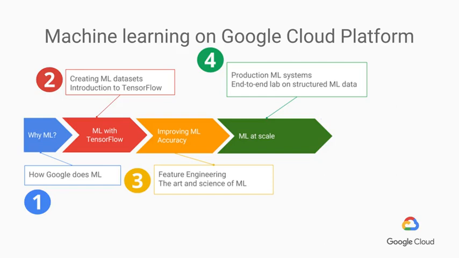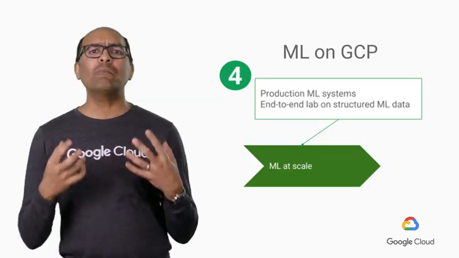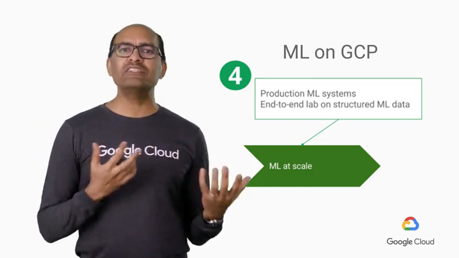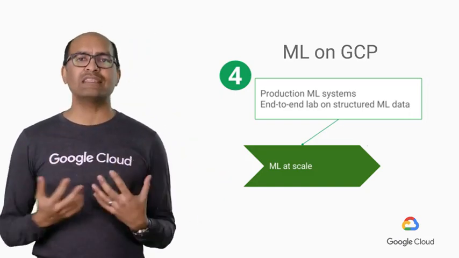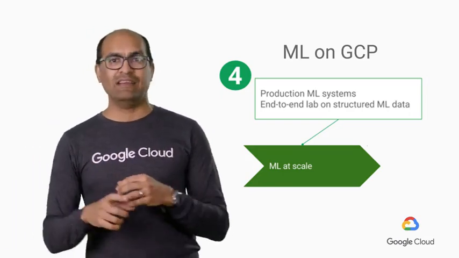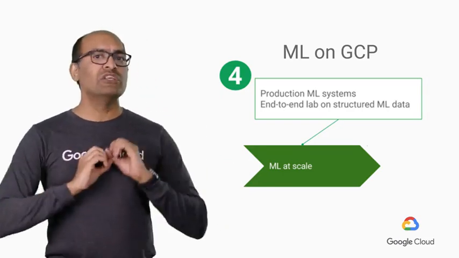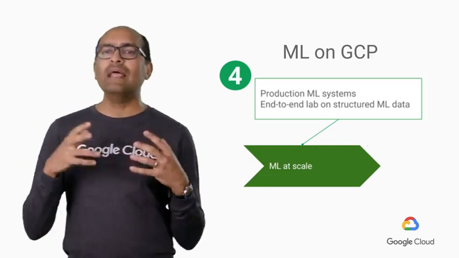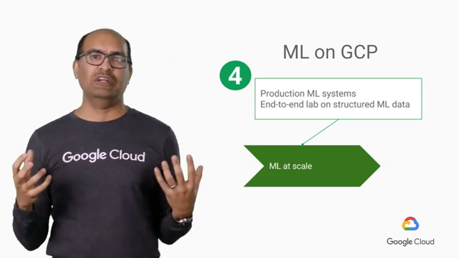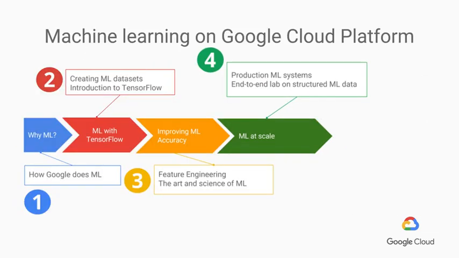We then move on to a set of courses that are about operationalizing the machine learning model. As I mentioned earlier, operationalizing a machine learning model, and by that I mean training it at scale in a distributed way, serving out the predictions, building a machine learning model end to end, can be super hard.